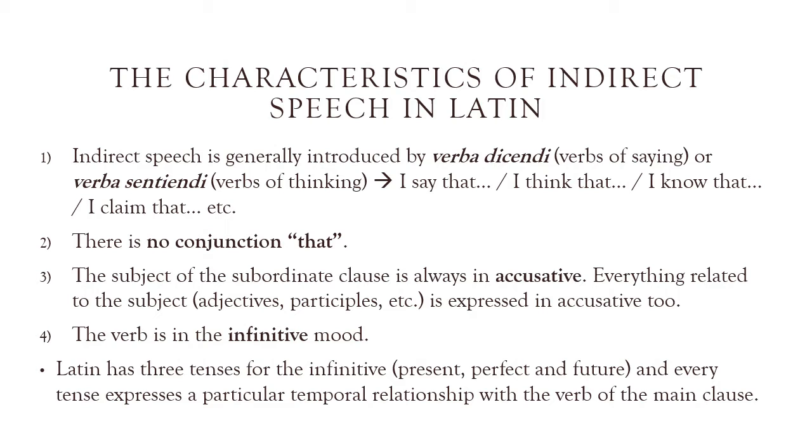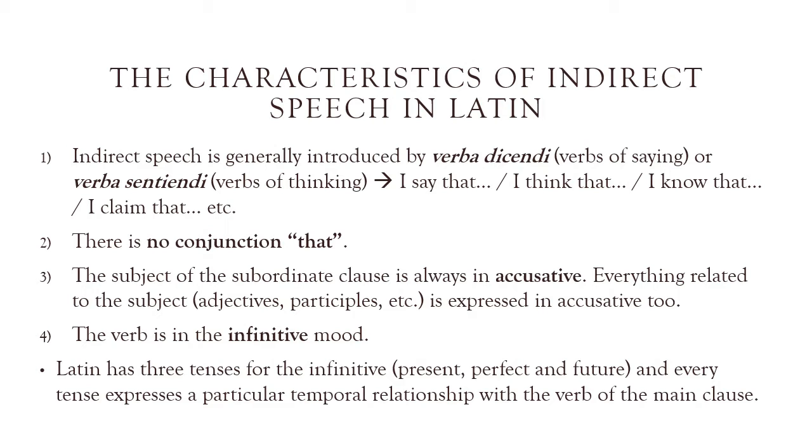The first feature is that indirect speech is generally introduced by verba dicendi, verbs of saying, or verba sentiendi, verbs of thinking. So we can have I say that, which in Latin would be dico. I think that, which in Latin would be cogito, puto, credo.